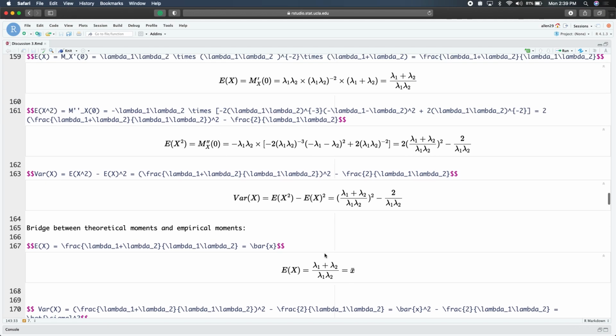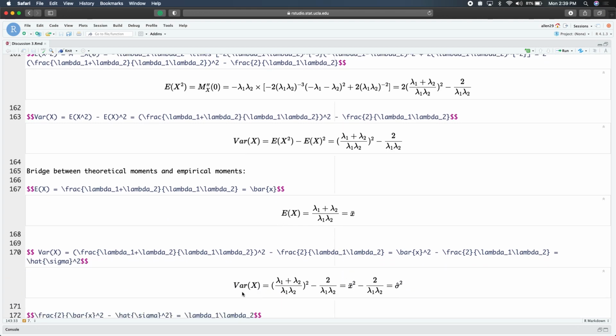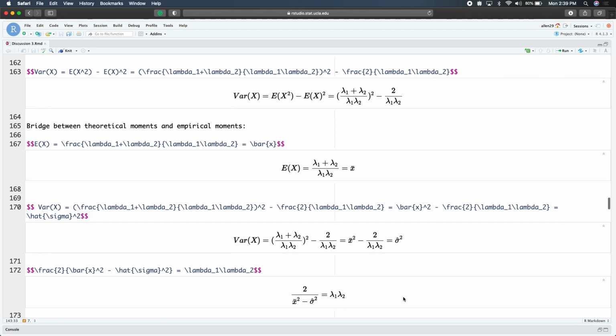So this is the expectation. We let it equal to x bar, which is the average of the 20 observed data points. And for the variance of x, which we get from here, we let it equal to the sample variance. This part is just x bar, so the variance is x bar minus this, equal to sigma square hat.